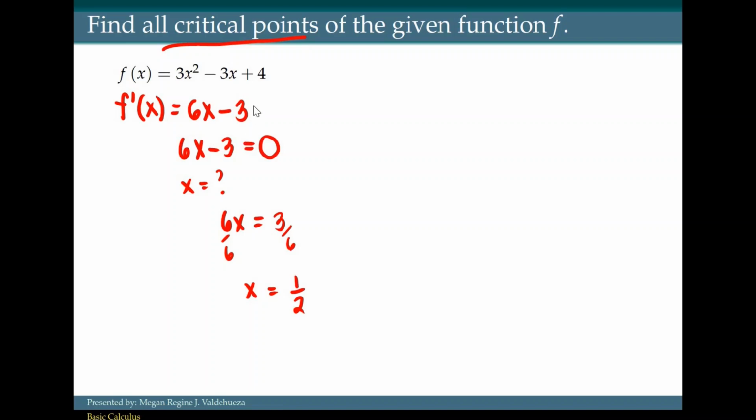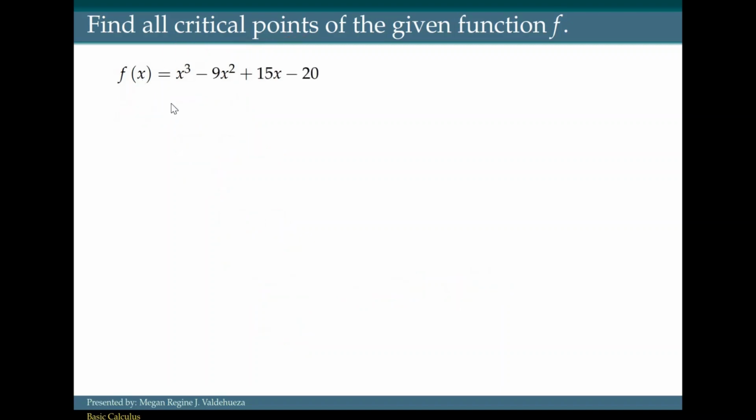So as the derivative of the function, still a polynomial, this will exist at any value of x. So we only have x equal to 1/2 as our critical point.